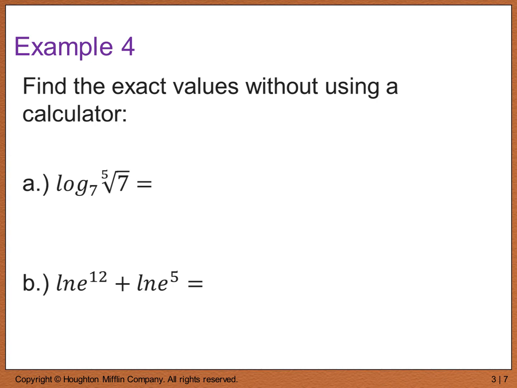Example 4 is going to show us why sometimes it's nice to know all these properties of logs. So for part A, I have to take the log base 7 of the 5th root of 7. If I rewrite this using my properties of logs, the 5th root of 7 is really 7 to the 1/5 power. Because I have an exponent, I'm going to pull that exponent down up front.